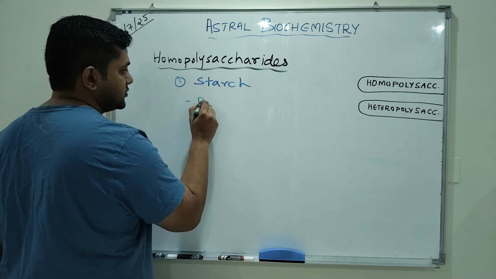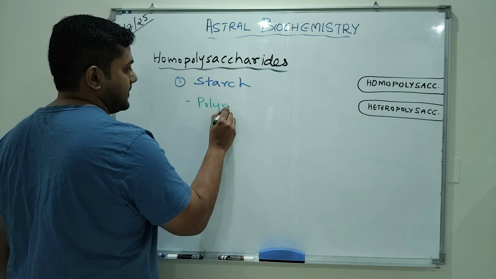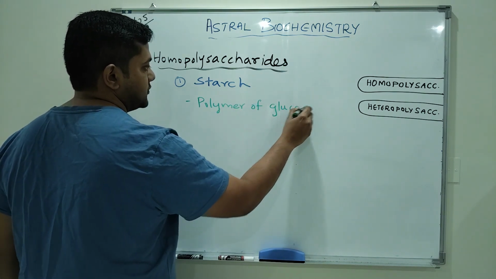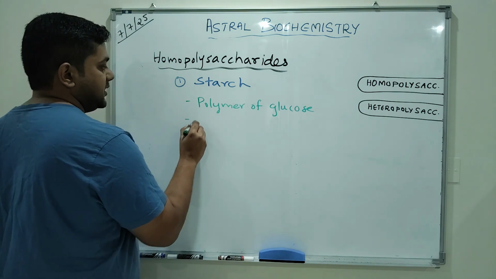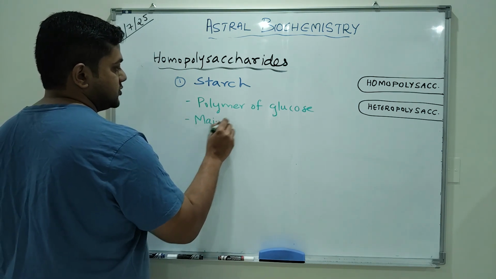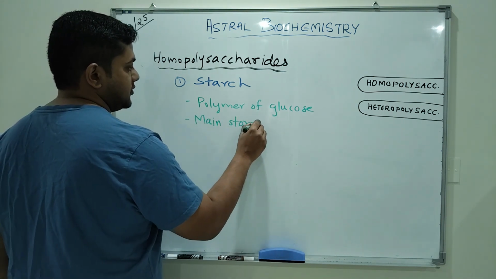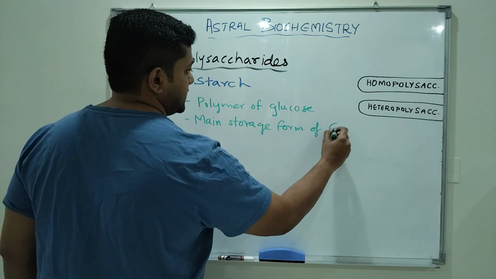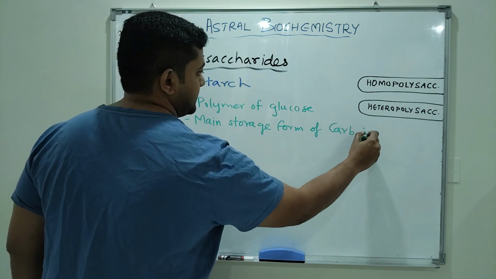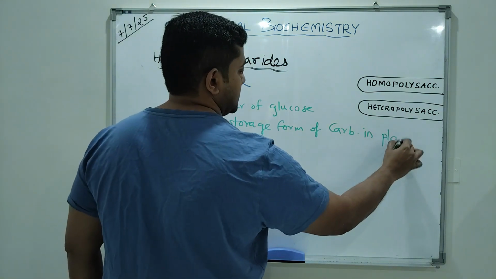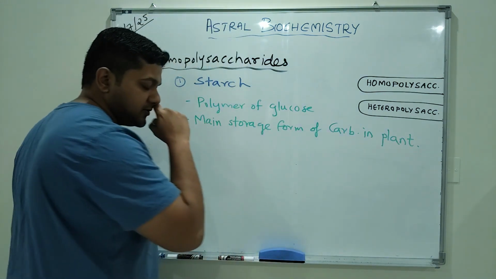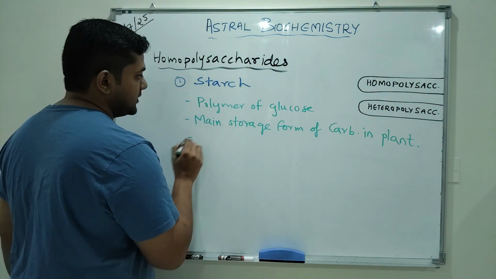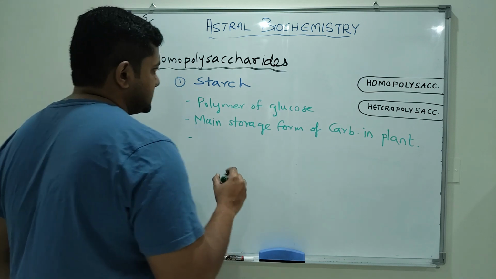It is a polymer of glucose, and it is the main storage form of carbohydrate in plants. So in the plant world, starch is the main storage form of carbohydrate.